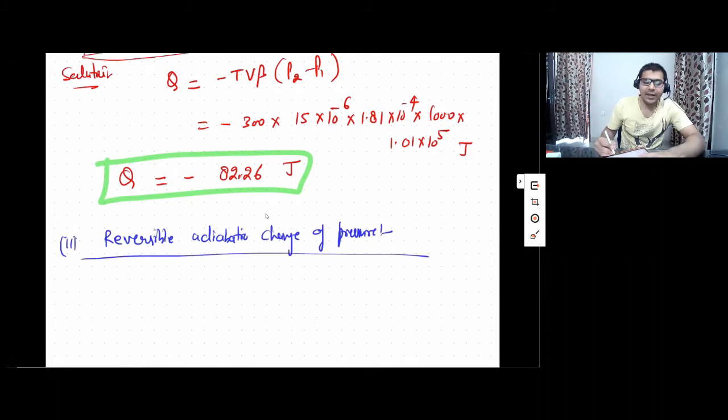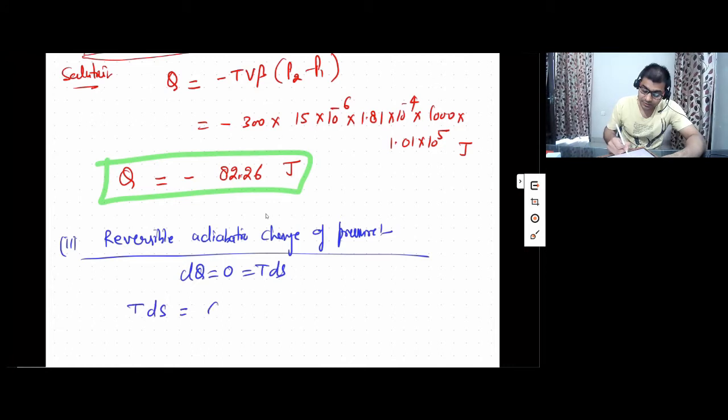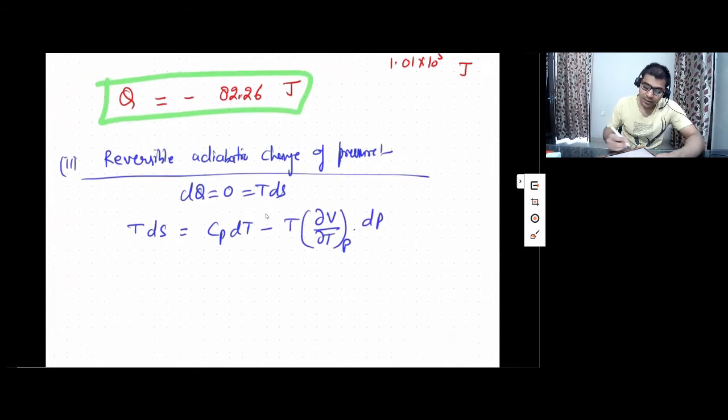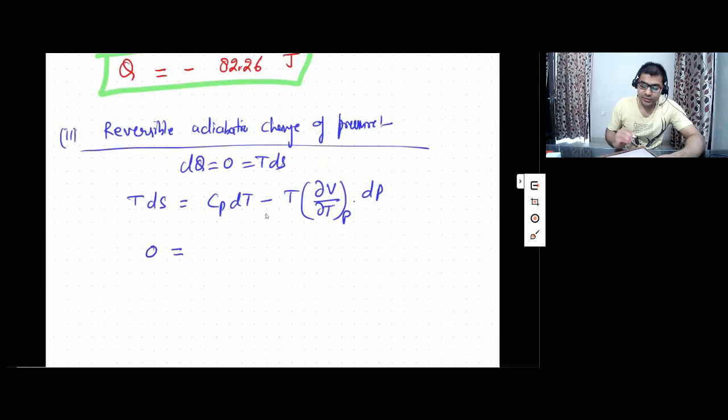Okay, so in the adiabatic case, we know that dq, that is the heat exchange, is zero. That is equal to TdS from the second law of thermodynamics. If we apply my second TdS equation, which was TdS equal to Cp dT minus T (del V by del T at constant P) dP, the left hand side is going to be zero because in an adiabatic process the heat exchange is zero.